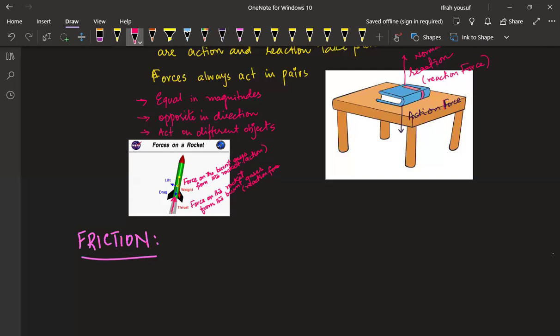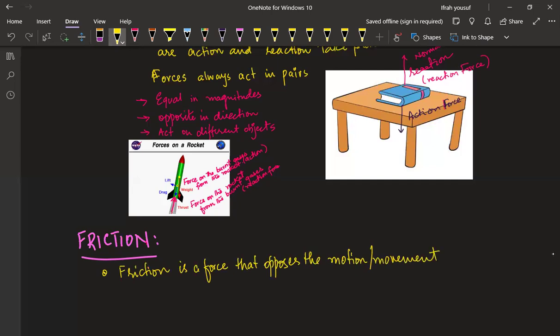Friction is nothing but a force that opposes the motion or movement of an object.